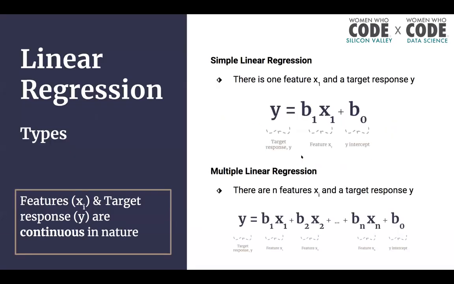So putting them both together, linear regression has 2 types: simple linear regression and multiple linear regression. As far as simple goes, there's only one input feature and b1 x1 is the only variable there. As far as multiple linear regression goes, there are n input features, and this would be plotted in an n+1 dimension space.